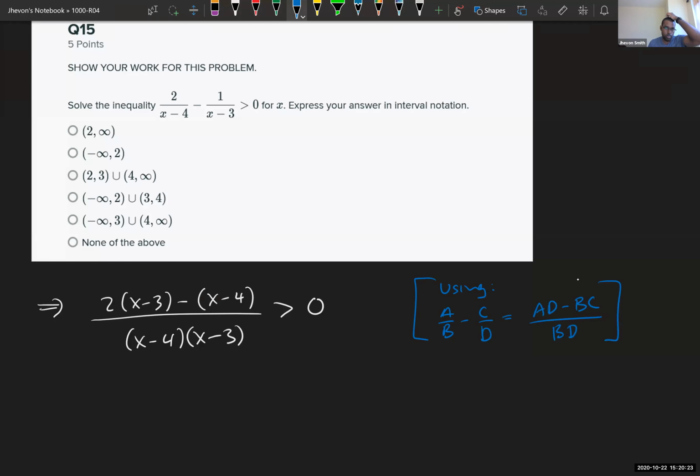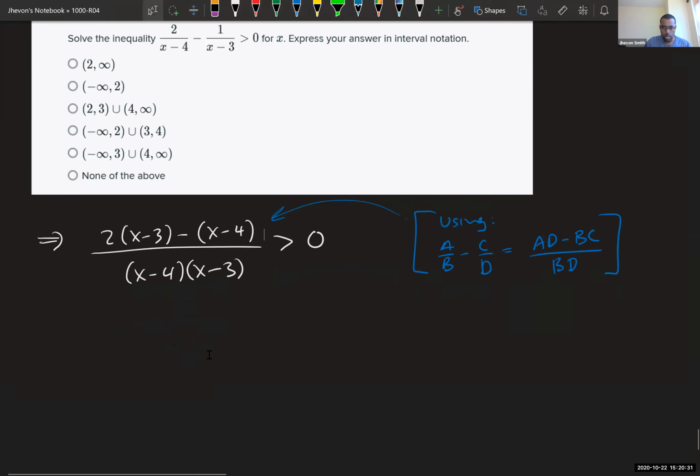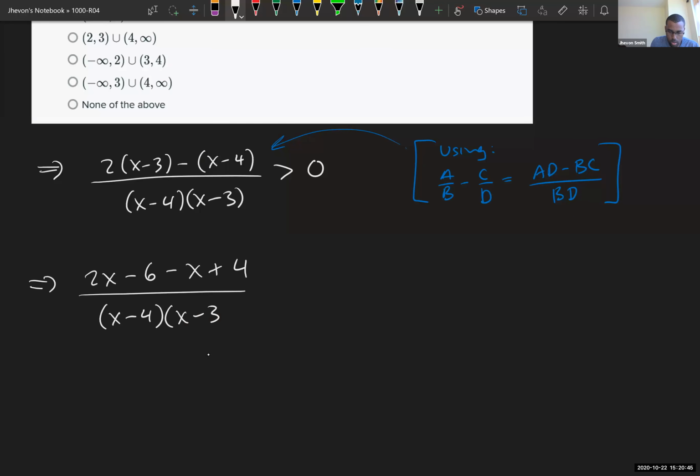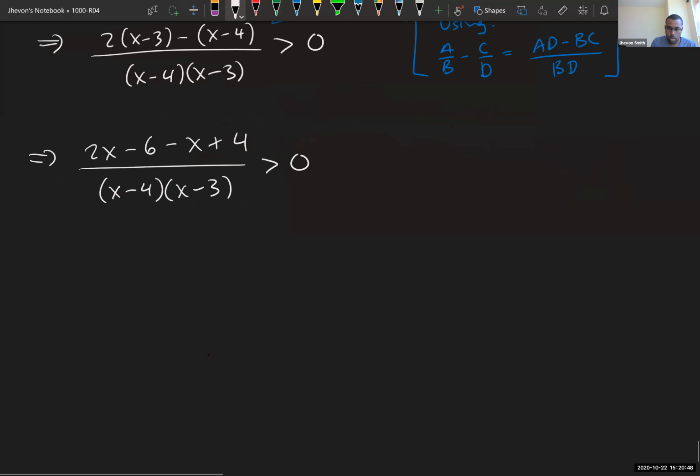That's what I did to combine these. Now keep going. This here is 2x minus 6 minus x plus 4. And this is going to be just (x minus 2) over (x minus 4)(x minus 3).